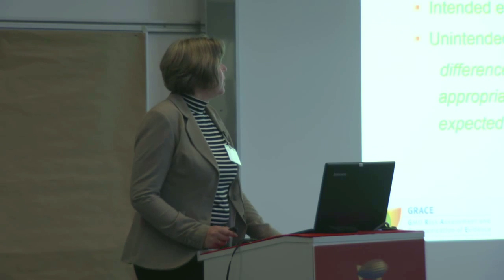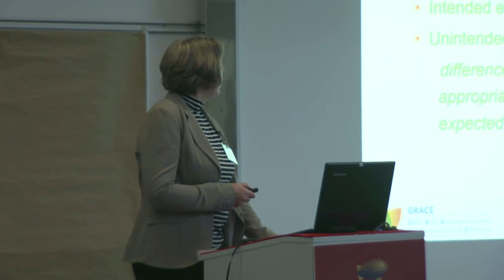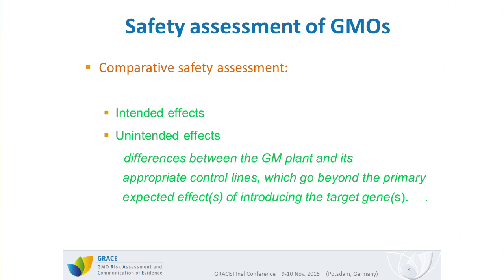Then I would like to first step back to the basic approach for the safety assessment of GMOs, which is a comparative safety assessment, and this means that in each case we compare a GM variety to a non-GM conventional counterpart. And then you can basically split up the whole safety assessment into two parts.